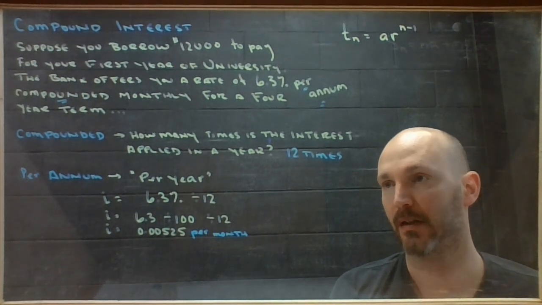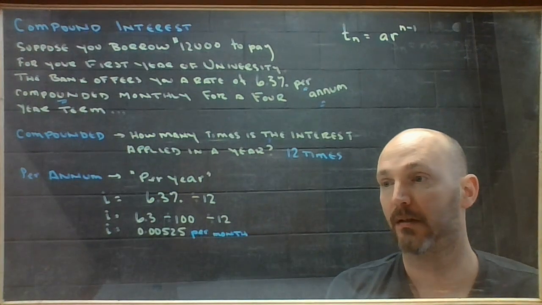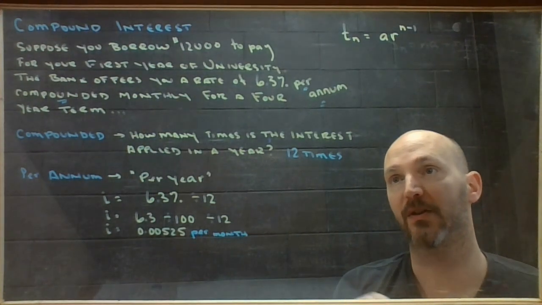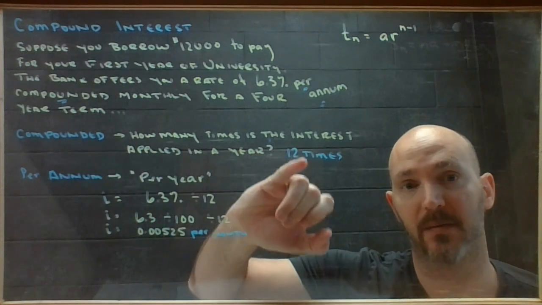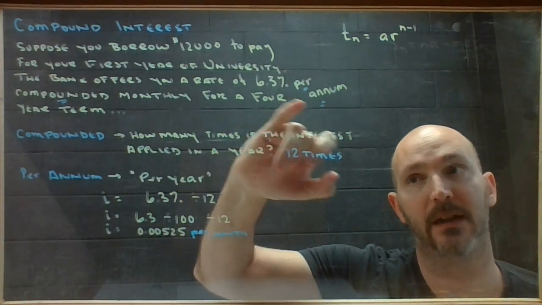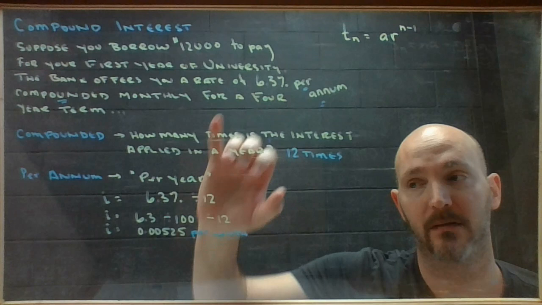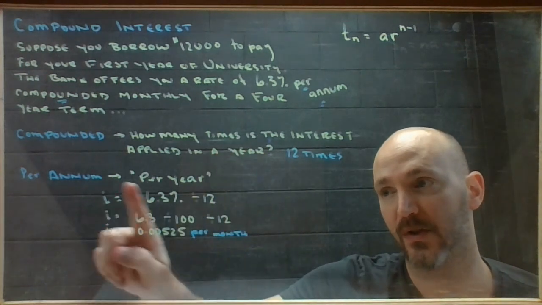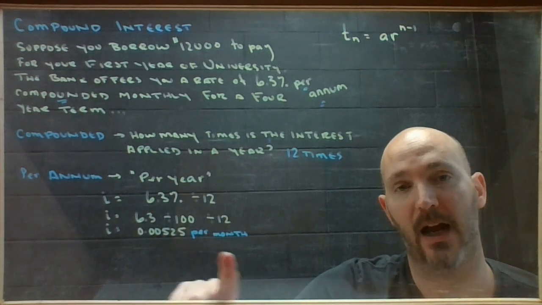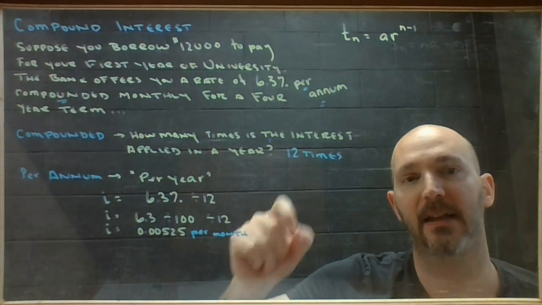Okay. Good. So once you're quoted a compounding period and you're quoted an annual rate, you can use those two things to figure out how much interest is charged in each compounding period.